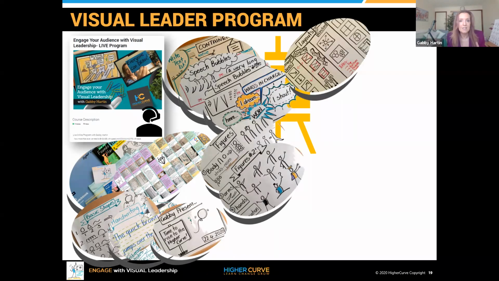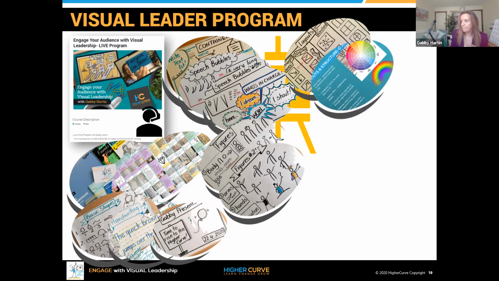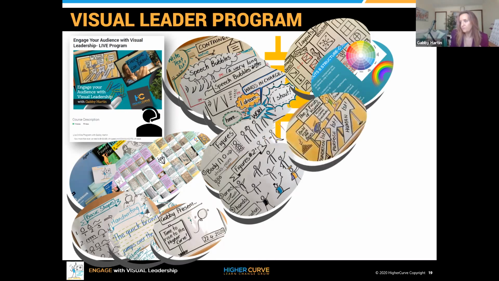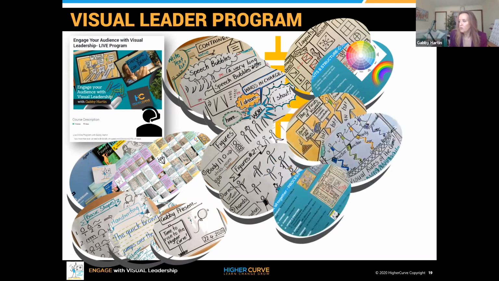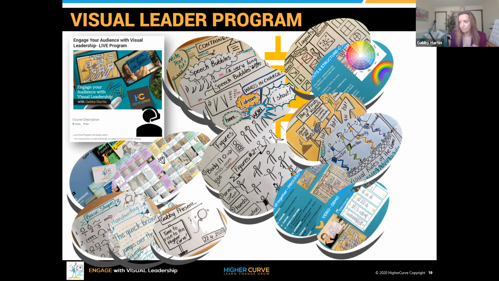We have a session on layout and structure, how to put it all together. Also colour, which supports layout and structure and really brings warmth into your visuals. I give you lots more demos throughout the program of my work. And then culminating project, you get to put all of those together and you end up creating your own poster.